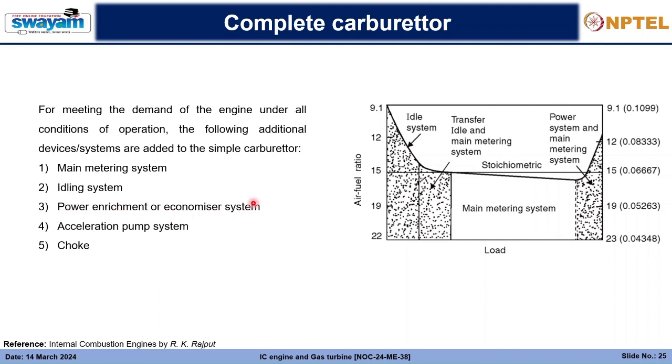Then the power enrichment or economizer system is used in the range above 75% of load, and for that a rich mixture of air-fuel ratio is needed, and that is supplied by this system. Then the acceleration pump system: when the accelerator is suddenly pressed, sudden acceleration is a transient phenomenon, and for that sudden requirement of a rich mixture of fuel, we need an acceleration pump system.